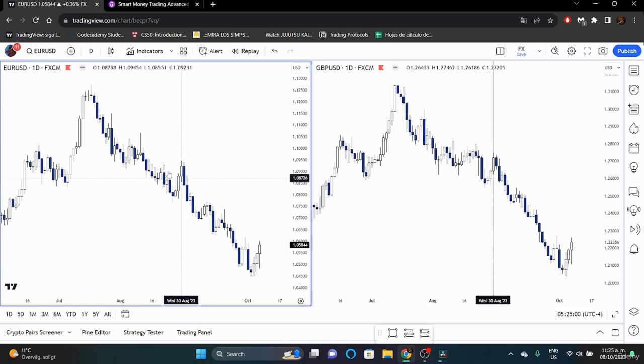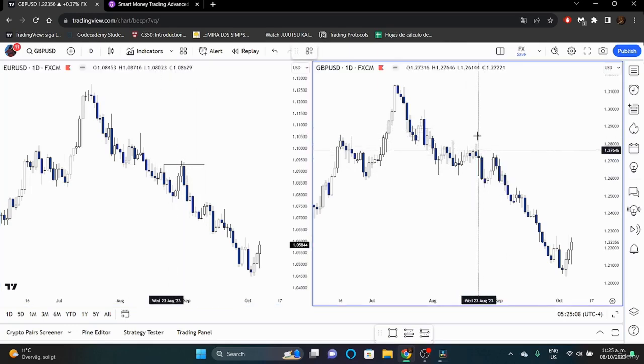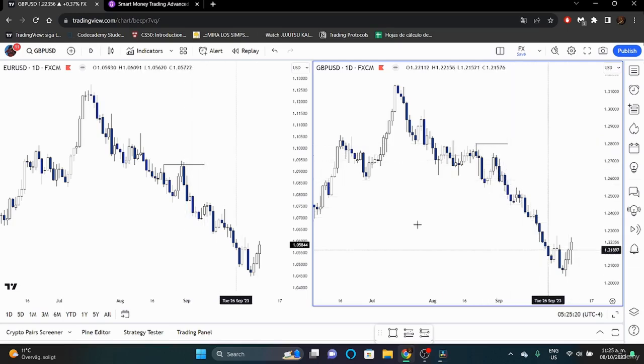While euro took this high, did GBP take that high? Nope, it didn't take the high. So which is stronger? Euro. So we're looking for sells on GBP. GBP is displacing lower, while euro is making some kind of retracements.